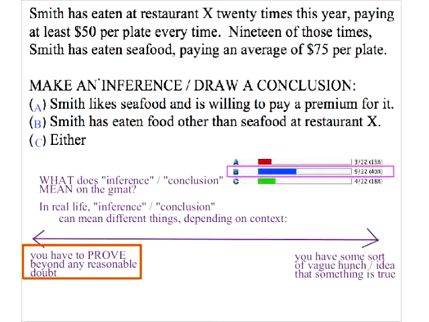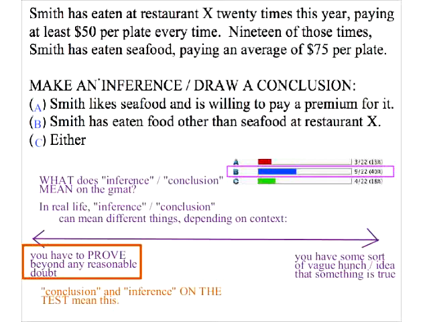So on the GMAT, what draw a conclusion means is this. Conclusion and inference on the test mean this. They mean that you have to prove stuff beyond any reasonable doubt.